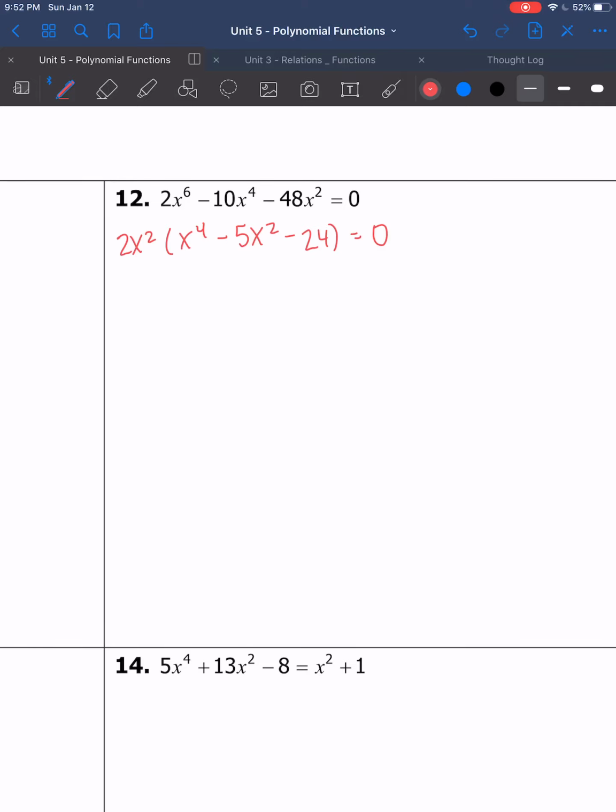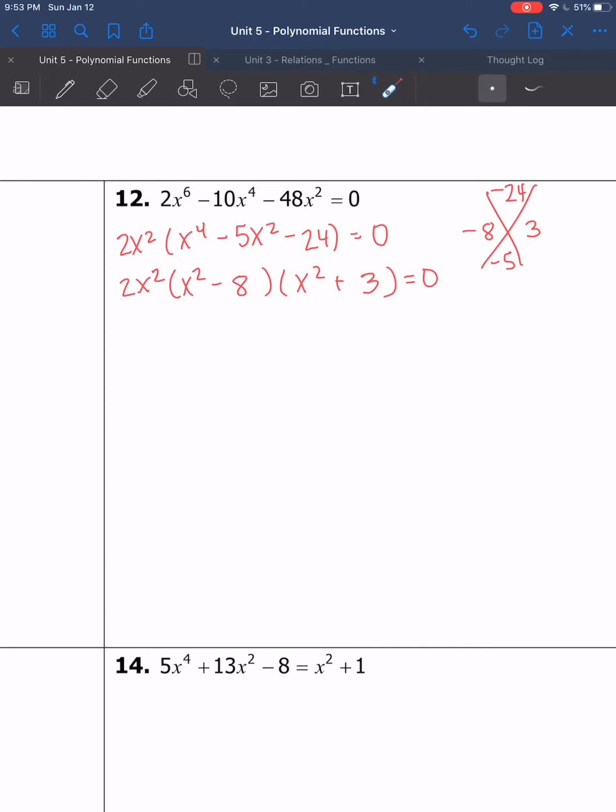This trinomial factors just like the regular trinomials, the only difference is our terms are x squared with something. It multiplies to negative 24 and adds to negative 5: negative 8 and positive 3. So x squared minus 8 and x squared plus 3, and then you've got to bring down your 2x squared.